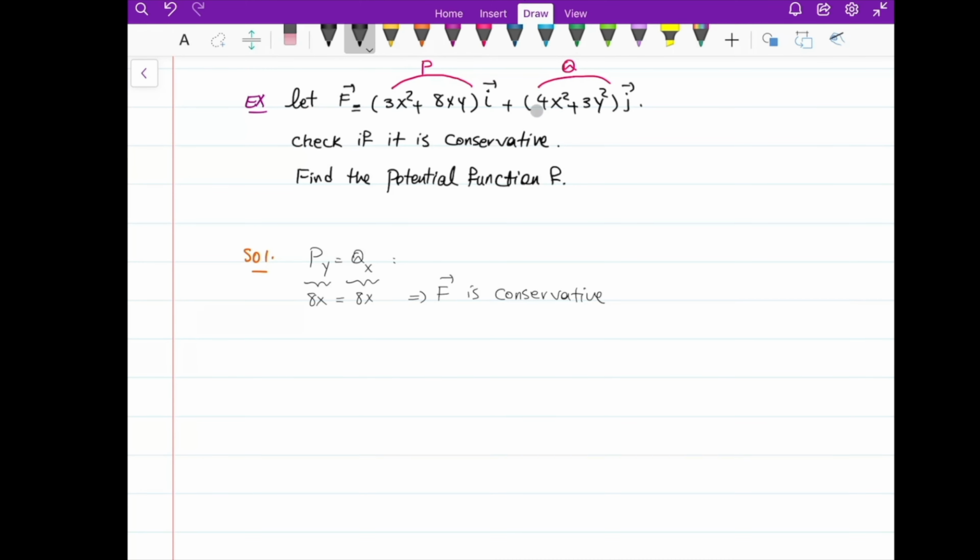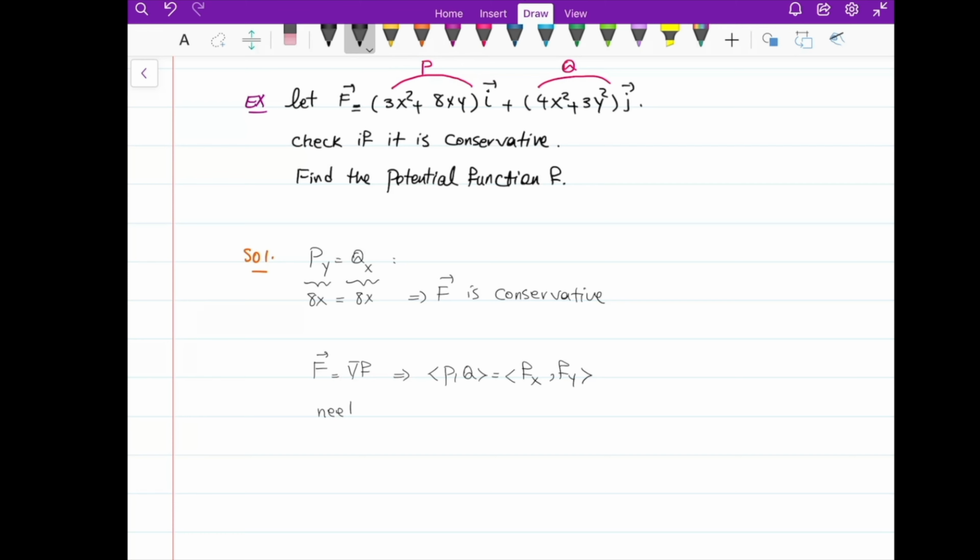Now for the second part, I need to find the potential function f. So what is the potential function? The potential function is the function such that our conservative vector field is the gradient of the potential function, and so P and Q are equal to fx and fy.